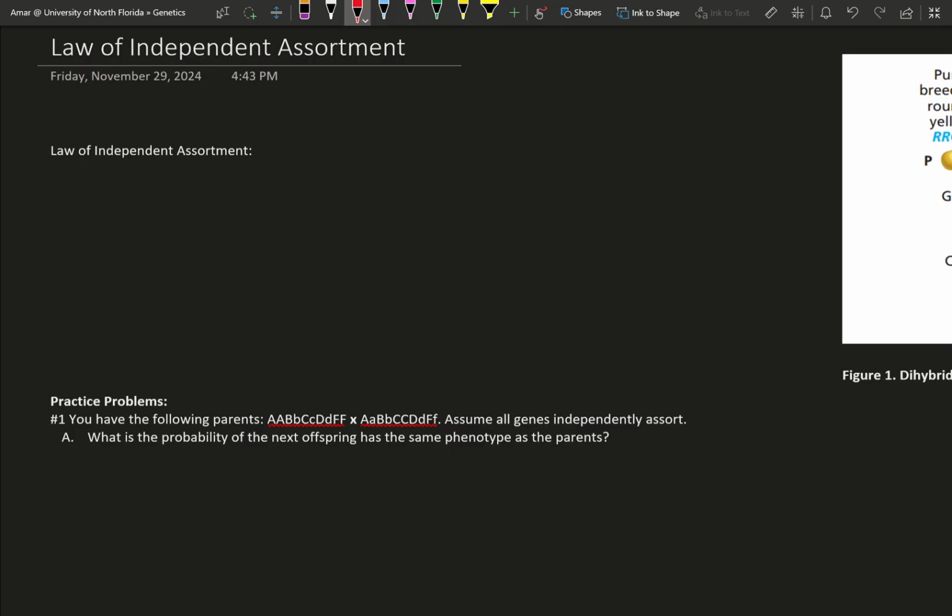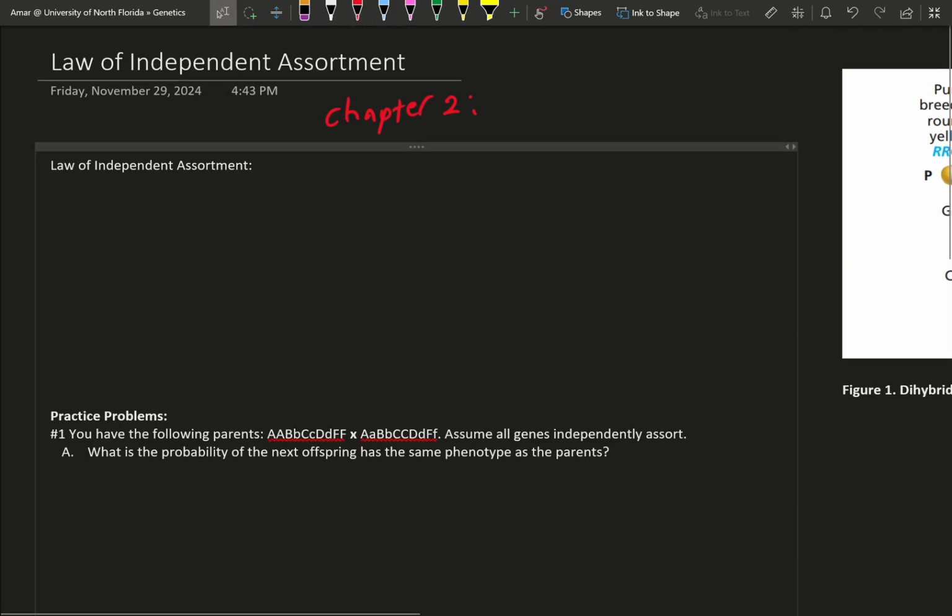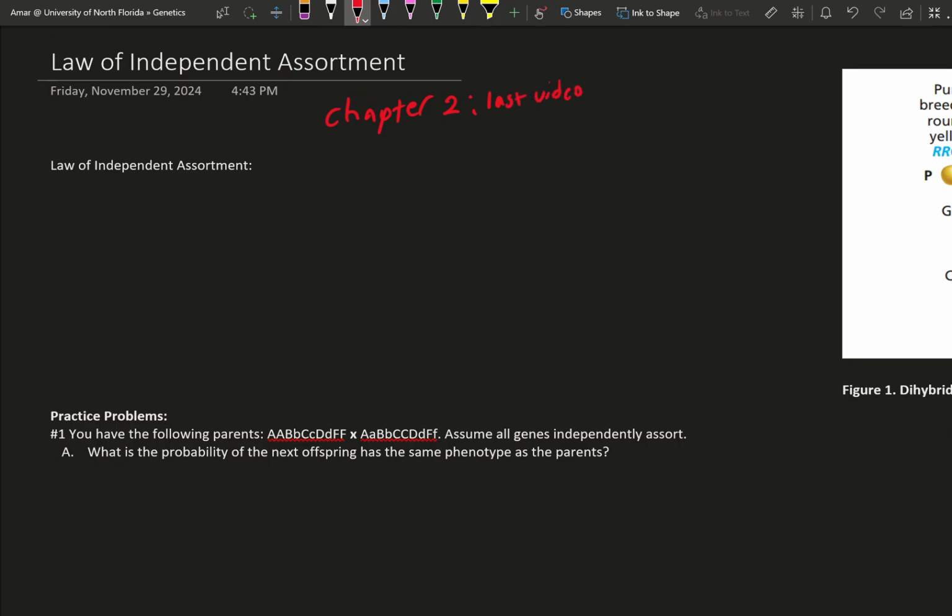So we're so far going through chapter 2, which is mainly about how genes are passed on from one generation to another. Last time we talked about how a single gene gets passed on from one generation to another.